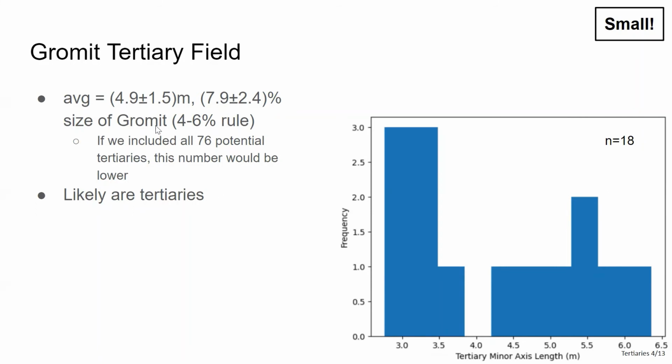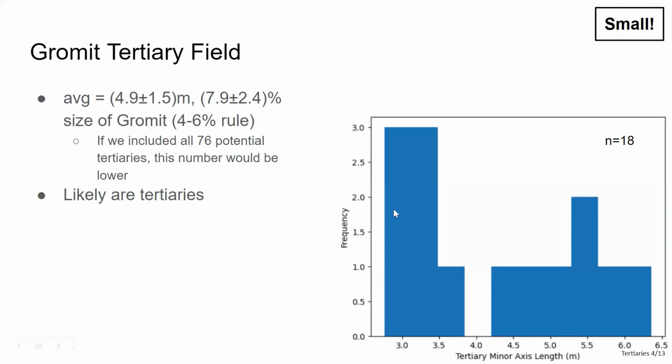Note that the 4 to 6% rule, this is a bit large, but it overlaps with the uncertainty. And this is just a rule of thumb, so it might only apply to secondaries or larger impacts. Plus, we took the biggest tertiaries we saw, those above 3 pixels. So if we include all 76 potential tertiaries in Gromit's tertiary field, this number would likely be lower.